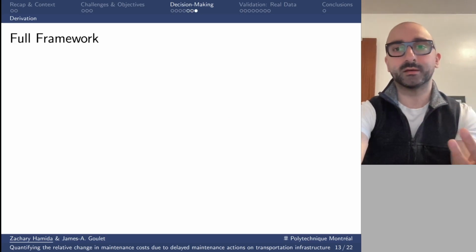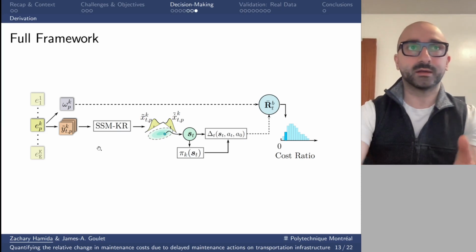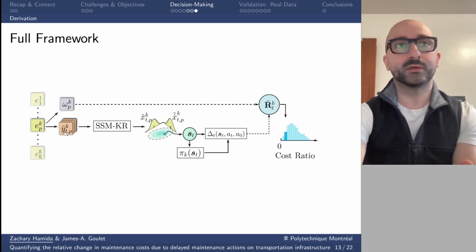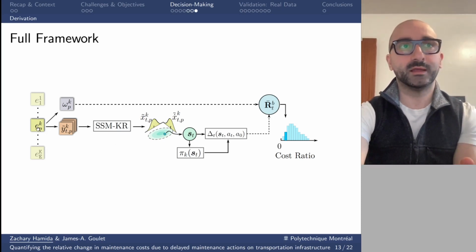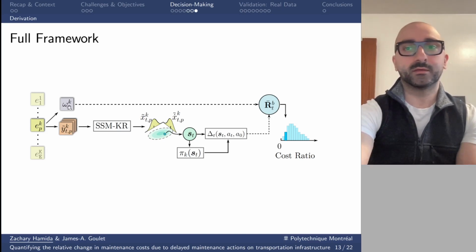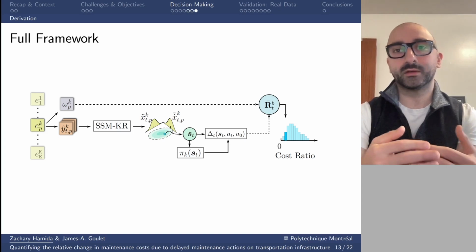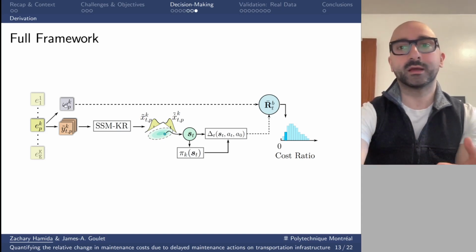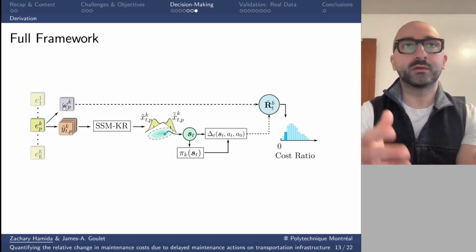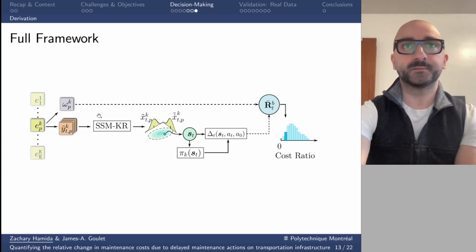Now let's put together the whole framework, just to reiterate what the ingredients are. We have an element E within a bridge. This element gives us the inspection data Y, and it also gives us a weight, which is basically the size of the element. If all the elements are of equal size, then we would have 1 over the number of elements as this omega p weight.